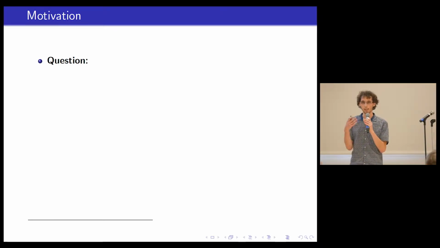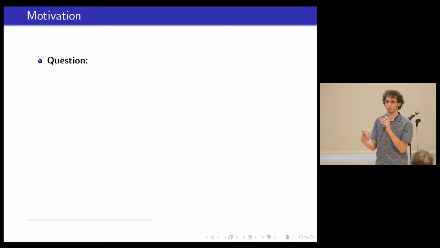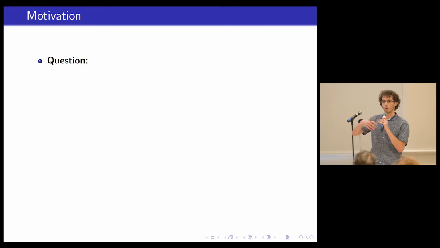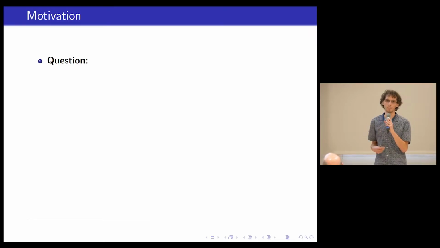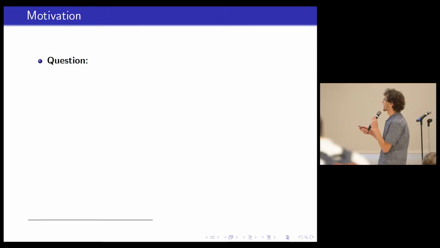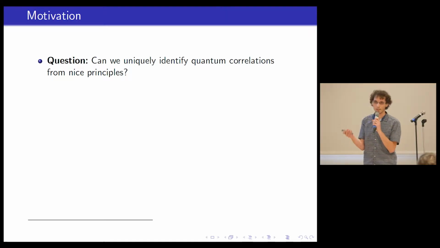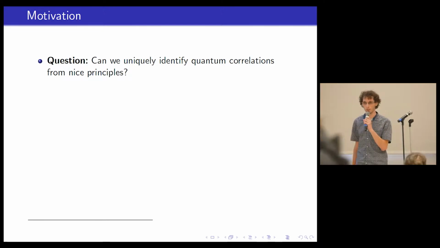And the other kind would be to try to derive the statistical content of quantum theory. So that would be, what are the quantum correlations, or in other words, the possible probabilities predicted by quantum theory. Our work mostly concerns the latter, the derivation of the statistical content of quantum theory.